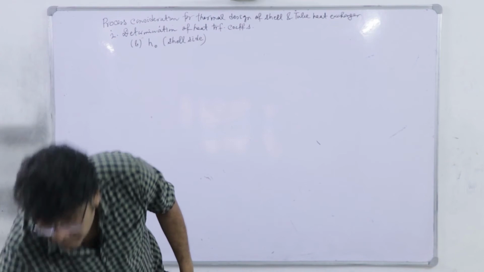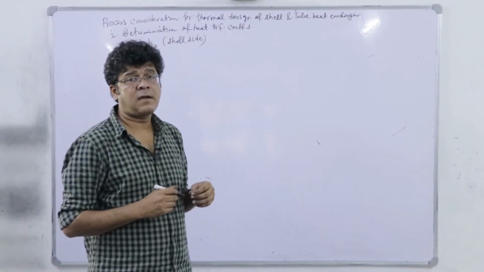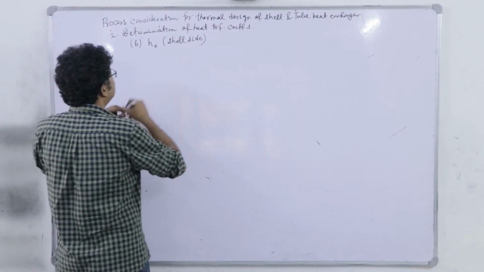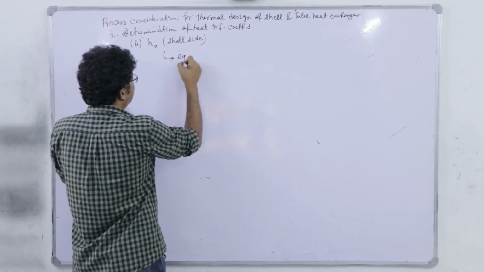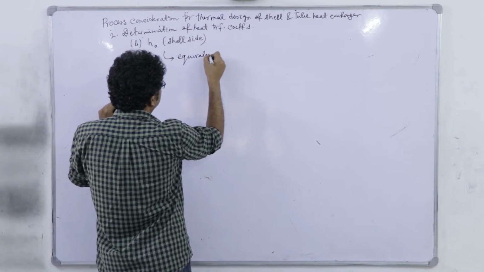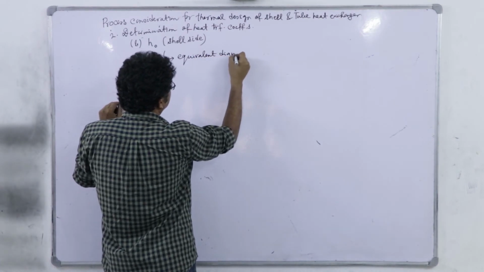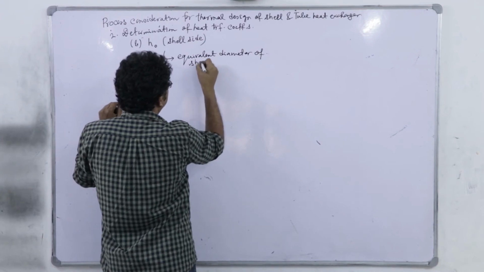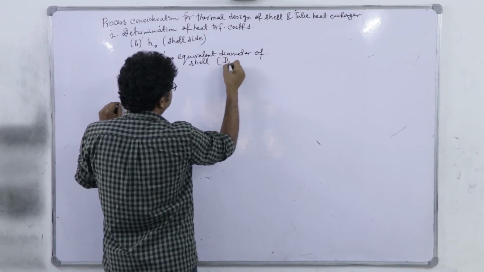So, in order to understand that, first what we have to evaluate? This equivalent diameter of the shell side, that is DH.